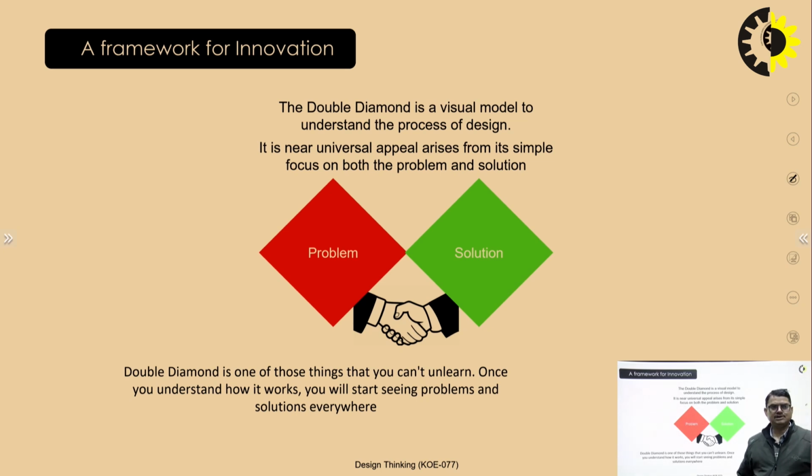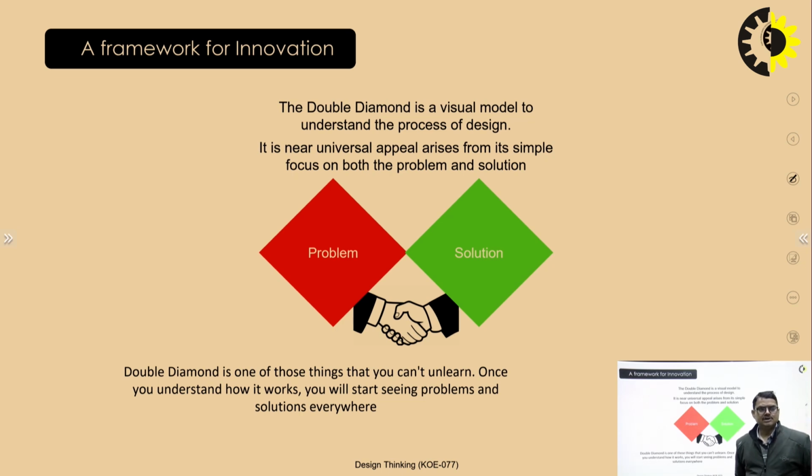We will see it later in much more detail, but here you can see these 2 diamonds, and I have used color to denote them. One diamond represents the problem and the other represents the solution. When these 2 domains, the problem domain and the solution domain, shake hands with each other, that characteristic is represented by the double diamond process in the design thinking domain.